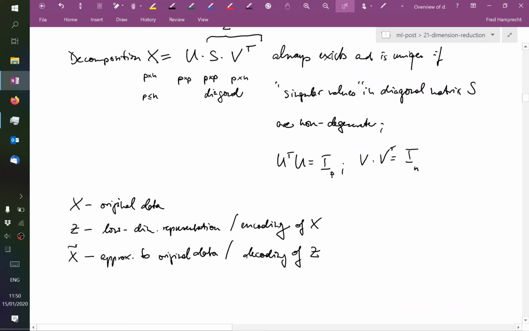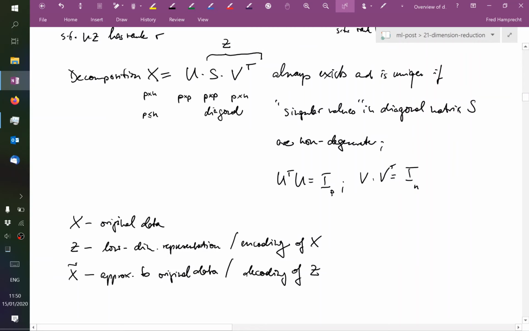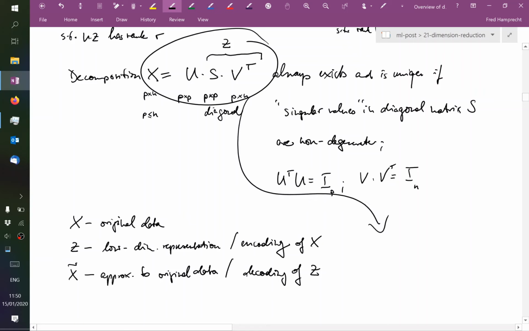Okay, so how do I encode? If you look at this equation here, then you can see that I can obtain Z by multiplying from the left with U transpose, because U transpose U times Z is Z, because U transpose U is the identity matrix.